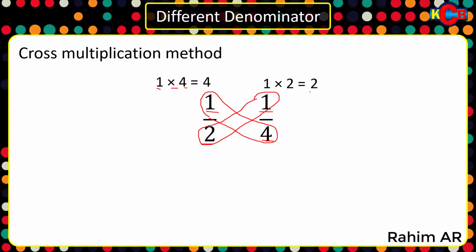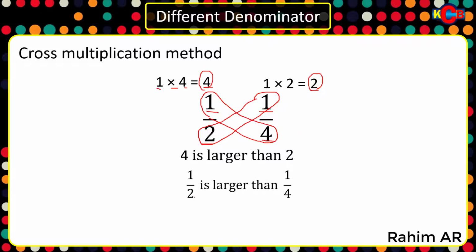Now, compare the answers. Here we have 2 and here we have 4. Since 4 is larger than 2, therefore, a half is larger than a quarter, or 1/2 is larger than 1/4. So this is the symbol.